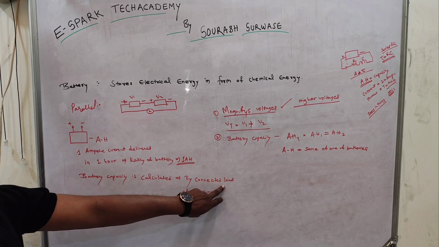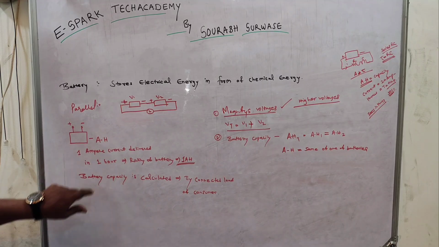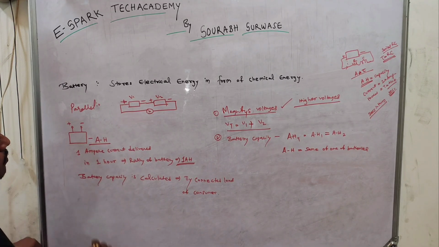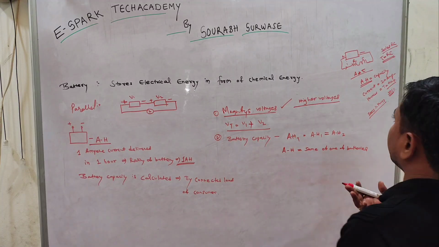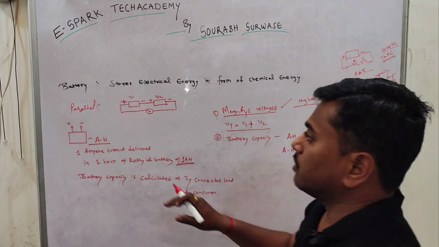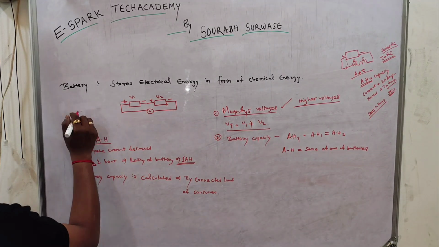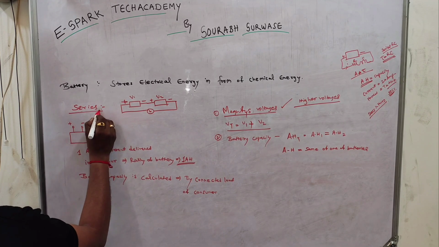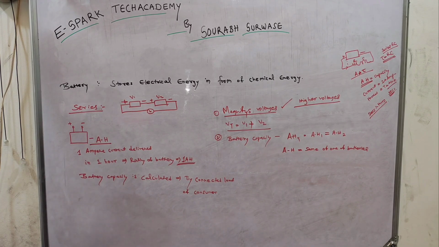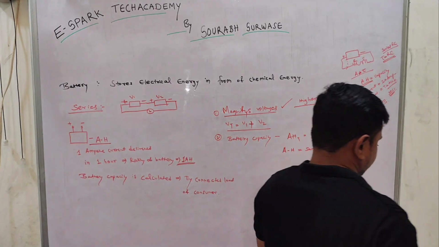With the help of the connected load, you will calculate the battery capacity in ampere hour, and decide what type of battery you are going to use and what capacity is required. This is the series connection. Just now we have also gone through the parallel connection.